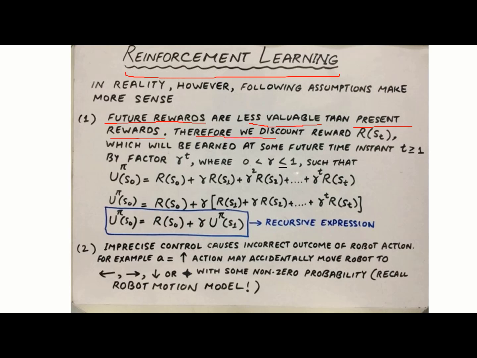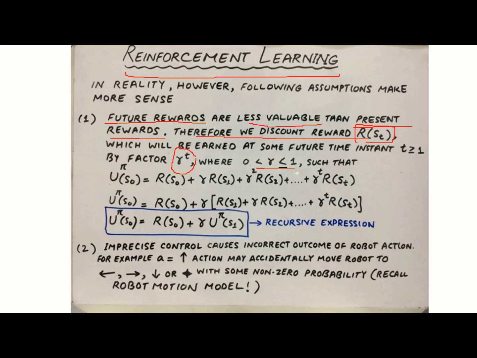Therefore, we discount the future rewards by a factor gamma, and gamma lies between 0 and 1. So the reward earned in a state S_t, which is the state the robot is in at time instant t, we're going to multiply by a discount factor, which is gamma to the power t.